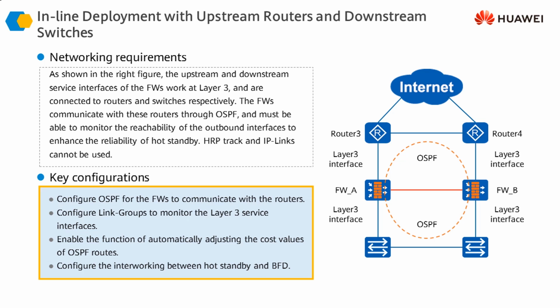If we have routers on one side and switches on the other side, we do the switching over based on the status of link groups. We configure link groups on the firewalls, and based on the status of any link group, we can switch the traffic from the active firewall to the standby firewall. So in this scenario, instead of using HRP track interface, we use the link group feature.